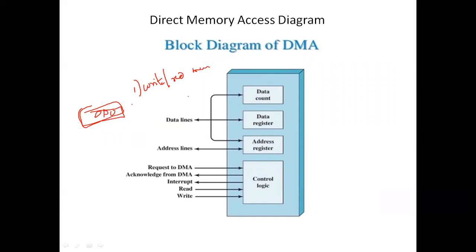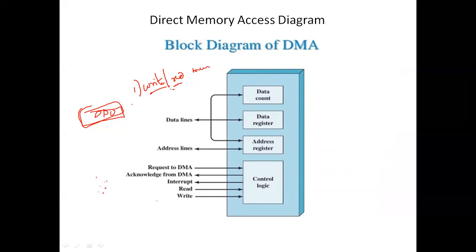Where the data block has to be written in the memory is next, and the DMA controller stores this in the address register. It passes the read or write information through the read and write signal of this control logic.